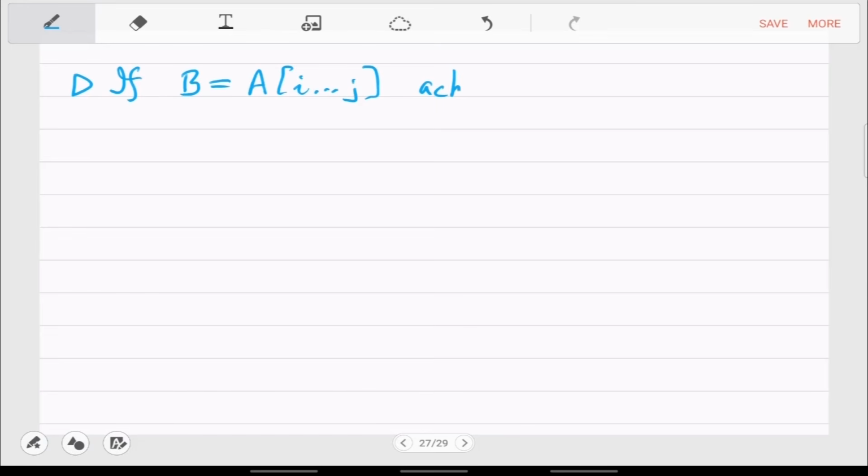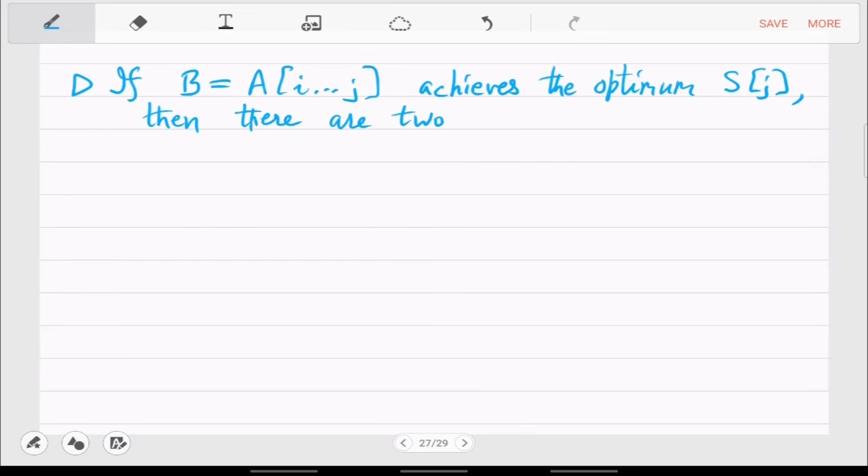So this achieves the optimum. Obviously everything here is unknown, but the reason we are setting this notation is to see how the i to j minus 1 subarray evolved and became i to j.